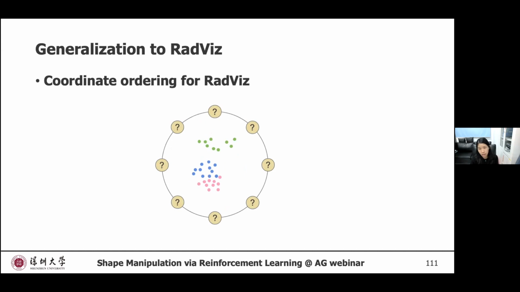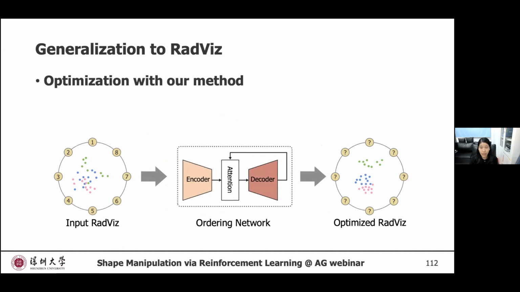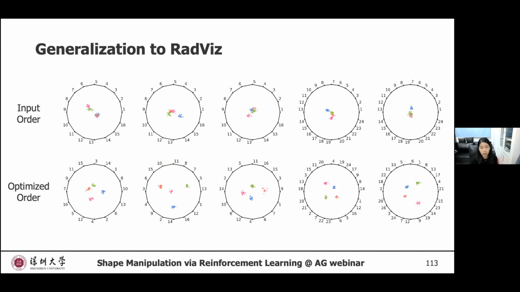And just like stacked glyphs, we also want to optimize the coordinate order for RadViz for better separation between classes. So we can reuse our network, but with the reward function replaced by the class separation measure commonly used for RadViz. And here are some view examples. We can see that the clusters are distributed further away in the optimized coordinate order than before.